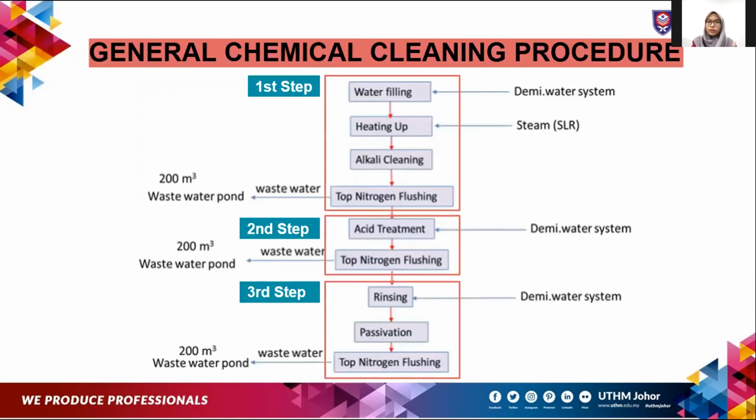For the second step, it involves the acid treatment, and after the acid treatment, we will continue with the top nitrogen flushing. The third step involves rinsing, preservation, and top nitrogen flushing.